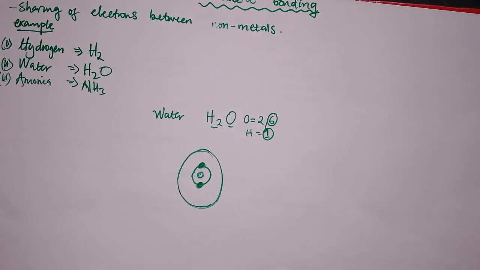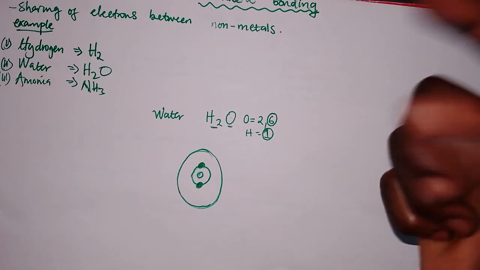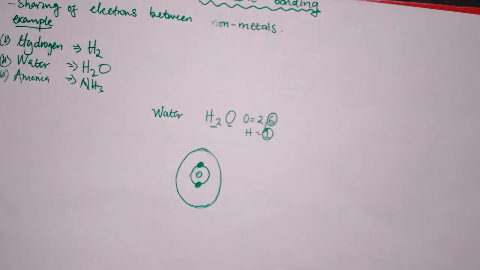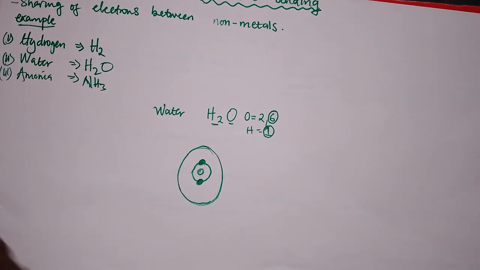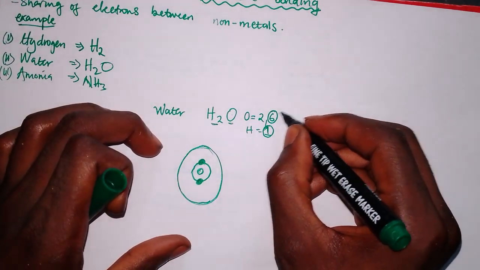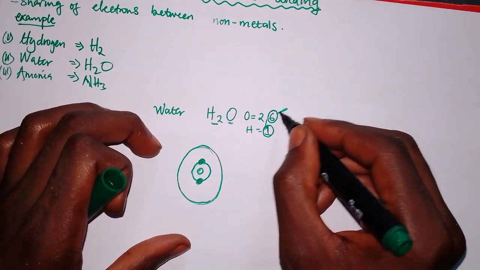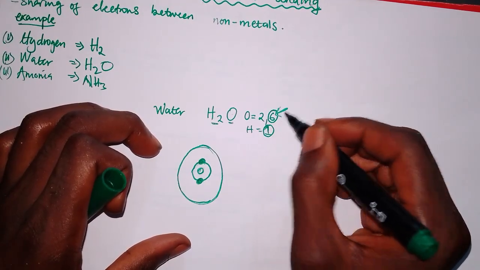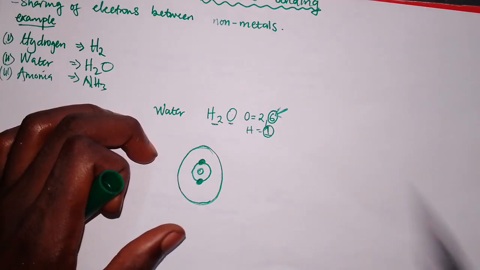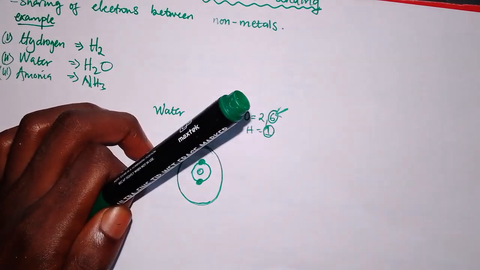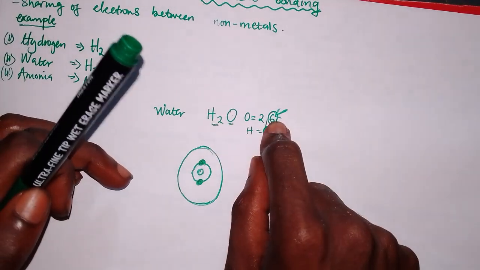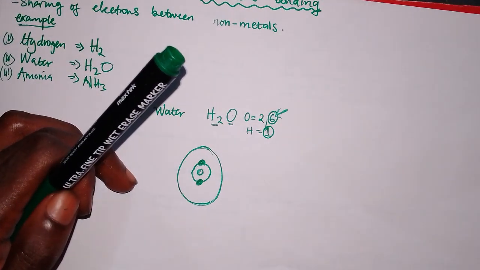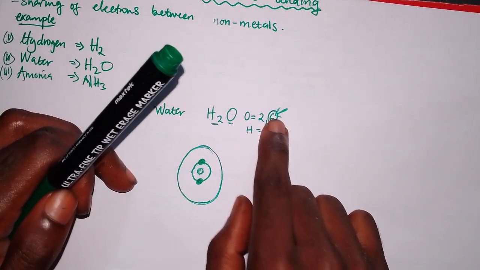So we are going to multiply the 1 by 2. Here is how you can do it: first you look at the atom which is alone. Then you ask yourself how many electrons this element needs to reach 8. In our case it needs 2.